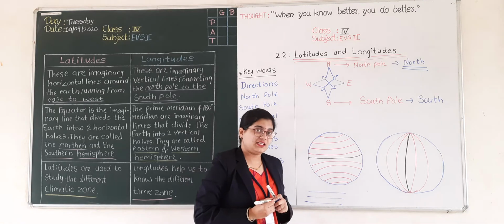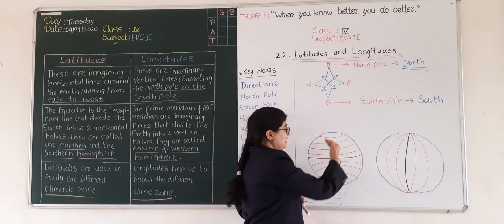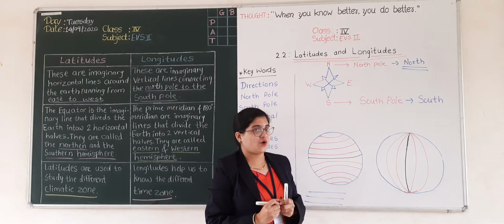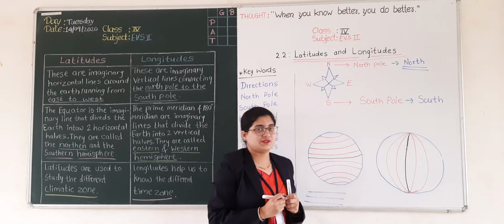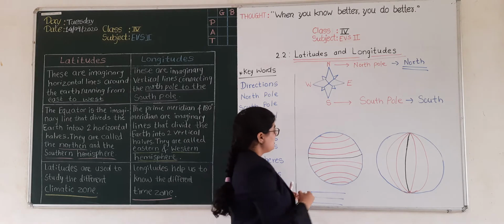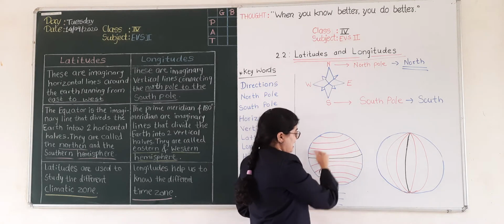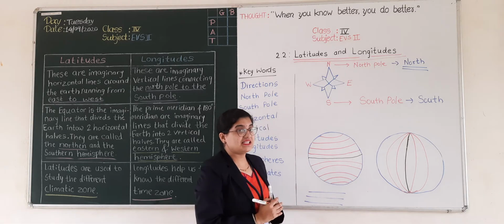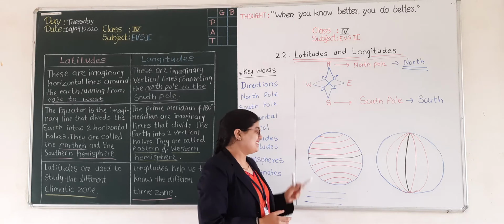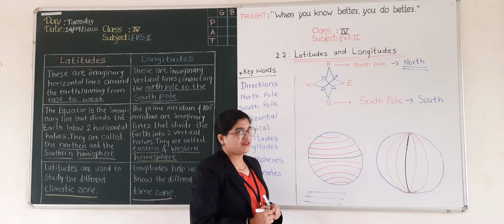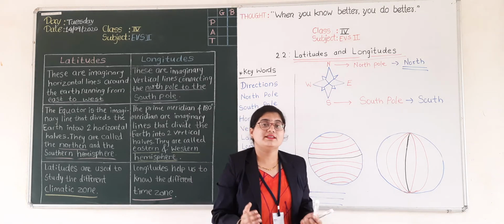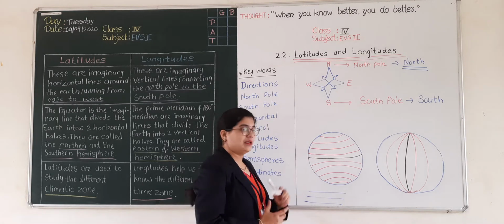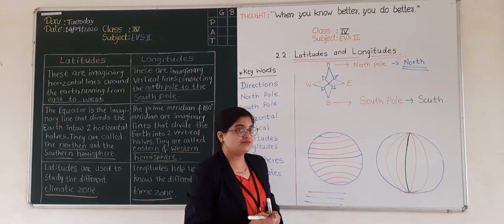On our Earth, if we draw such imaginary horizontal lines, these lines are called latitudes. See, here you can see I have drawn some lines, but which lines are these? Yes, these are horizontal lines. And these lines are nothing but latitudes.